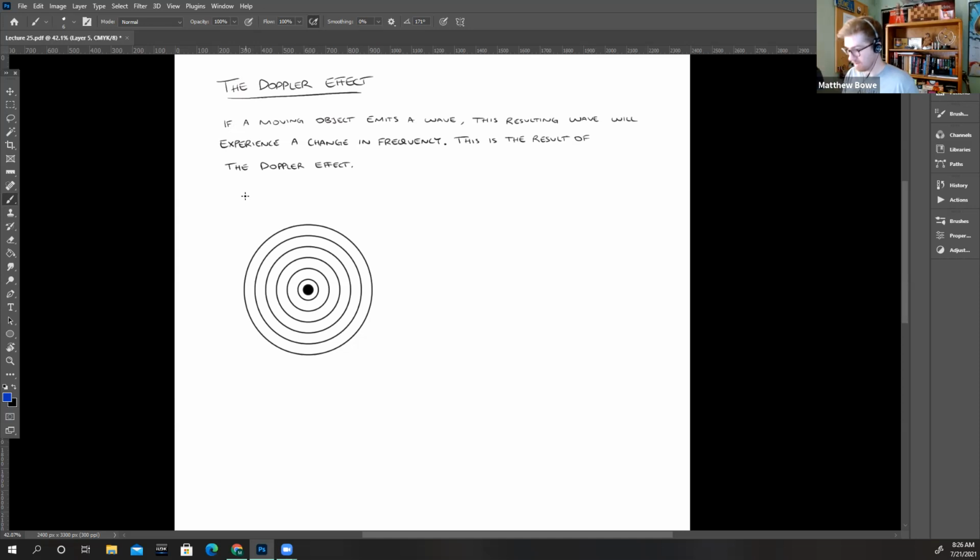Imagine this is a three-dimensional picture; I can draw all of these spheres inside of each other, and also there would be the ground involved. But imagine this is a top view of a car with its horn going off. It is a stationary source.